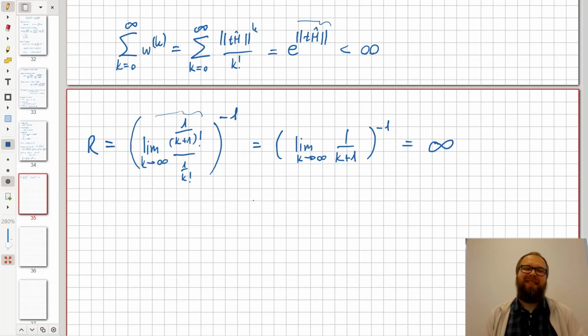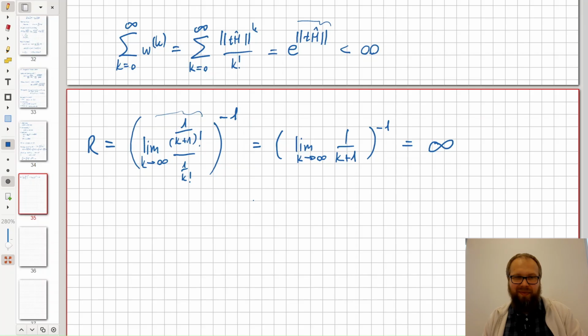So in other words, exp has infinite radius of convergence, which means that it converges absolutely and uniformly in the whole space, everywhere, for the whole complex plane.